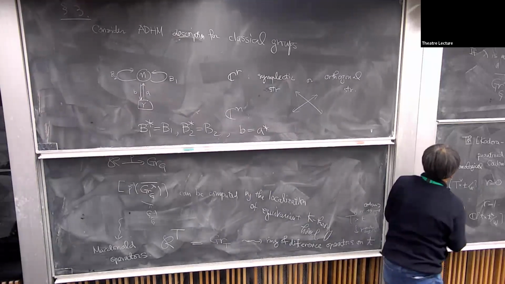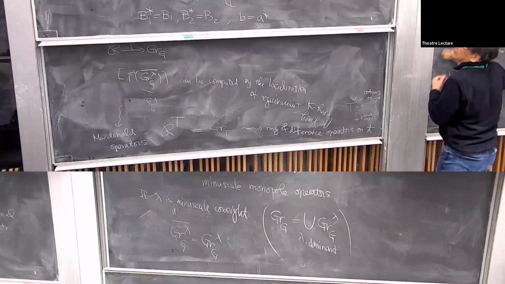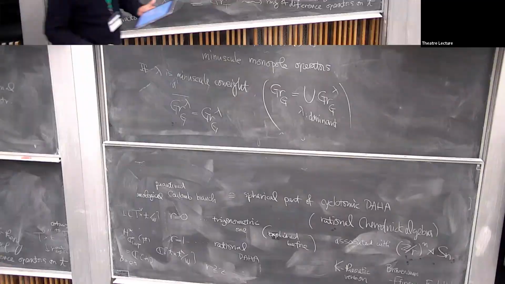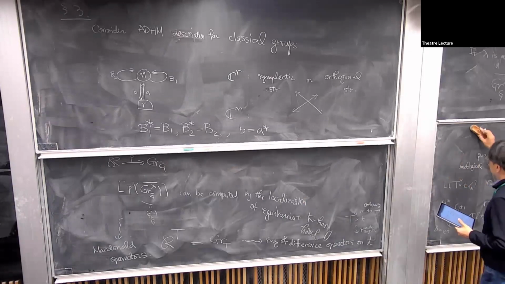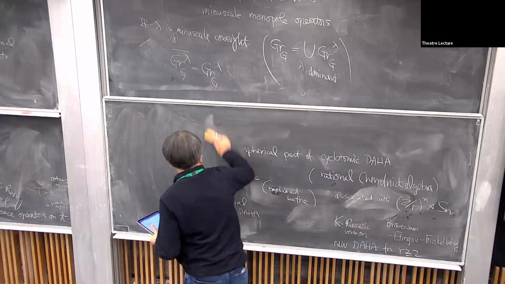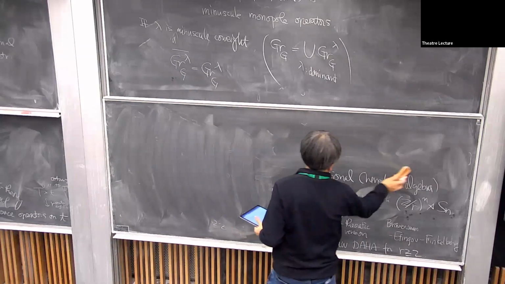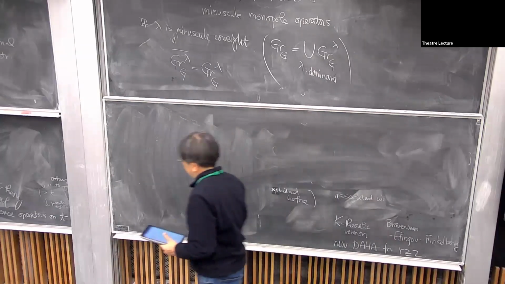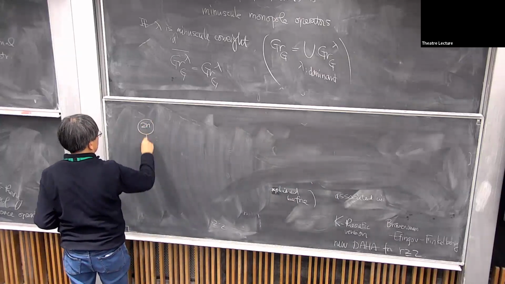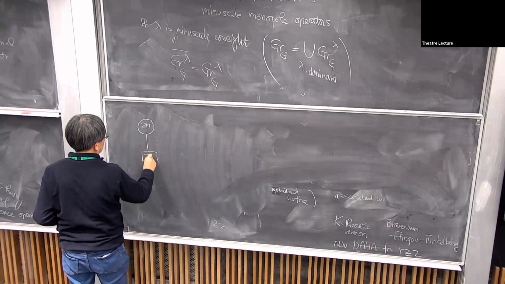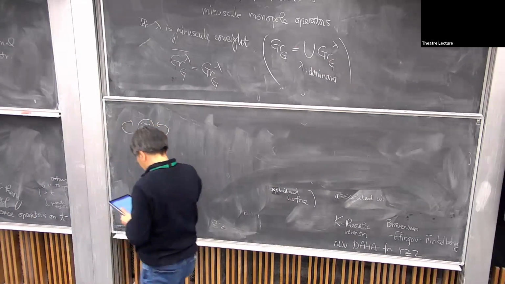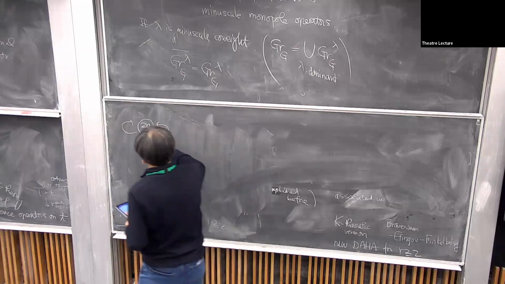From now, we assume n is even and r is even, and we replace n by 2n and r by 2r. So we consider this situation, and we consider the symplectic case.